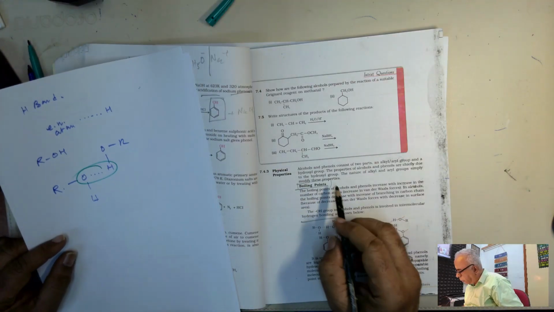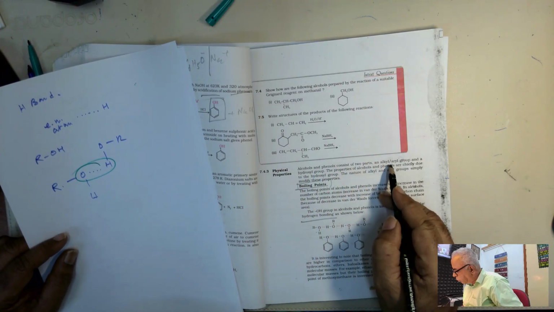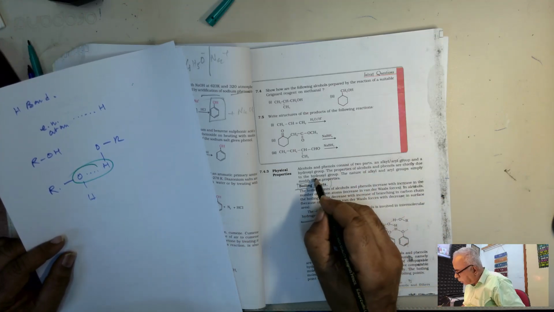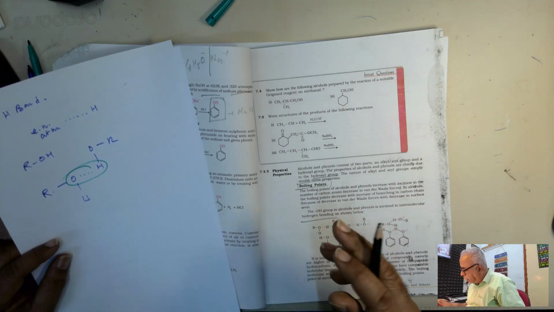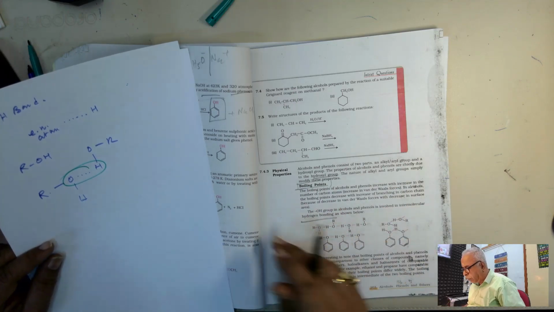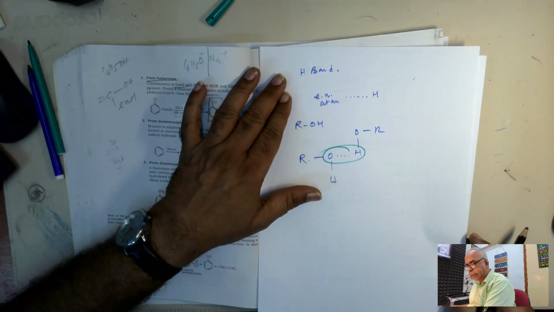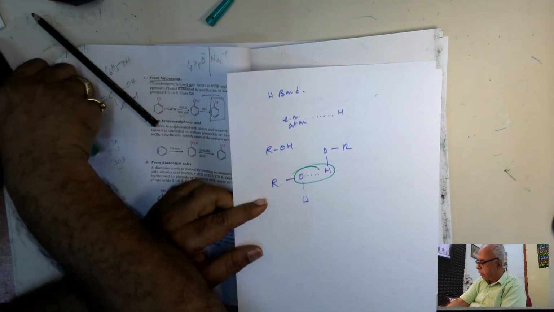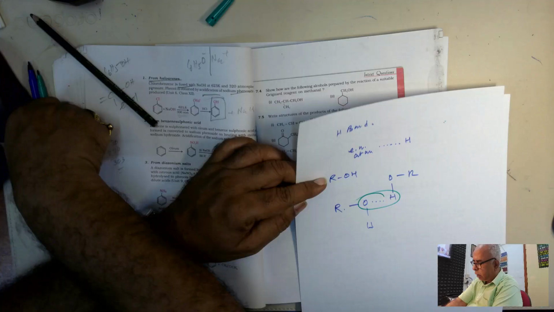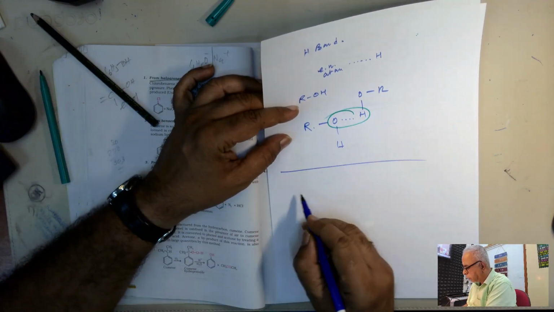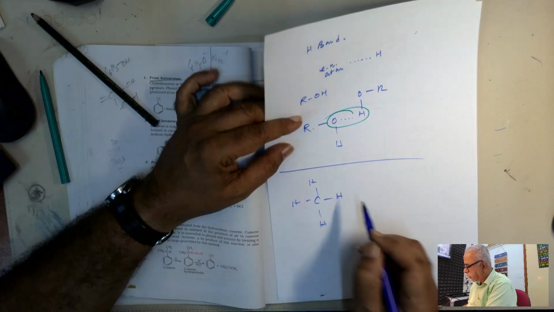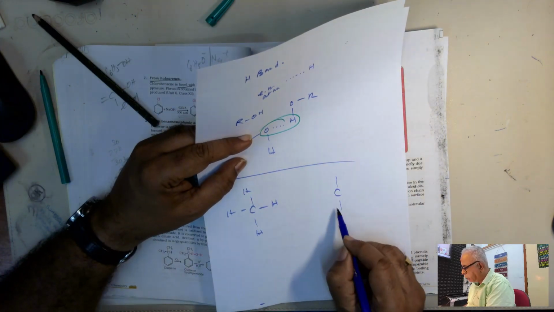Okay, so what are the key points to be discussed here? Alcohols and phenols consist of two parts, the alkyl group and the hydroxyl group. It is because of the presence of the hydroxyl group that their properties are different. For example, let me consider methane, CH4, and methanol, CH3OH.